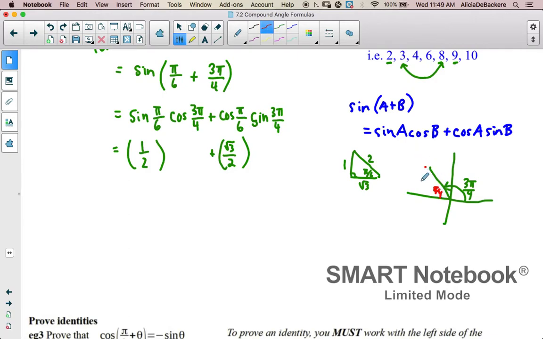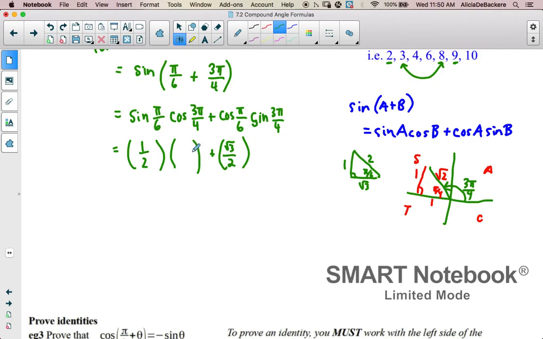And so when I draw my triangle, I know that my opposite and my adjacent are both 1, and my hypotenuse is root 2, but I am in the S quadrant, so my sine ratio is going to be positive, but my cosine ratio is going to be negative. So I can come back over here, and I know that the cosine of 3 pi by 4 is the adjacent 1 over the hypotenuse root 2.